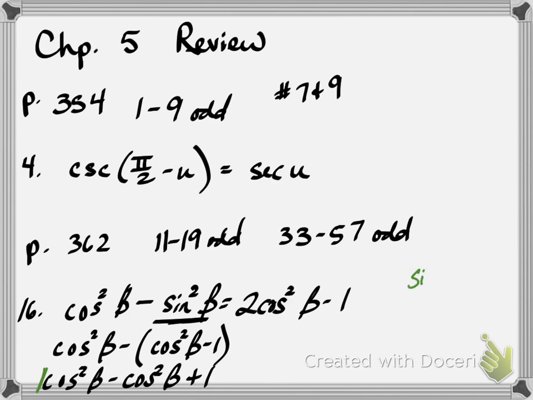Let me work with that again. Sine squared beta plus cosine squared beta equals 1. Sine squared, oops, I wrote that wrong. Sine squared beta is 1 minus cosine squared beta. Let me get that fixed.